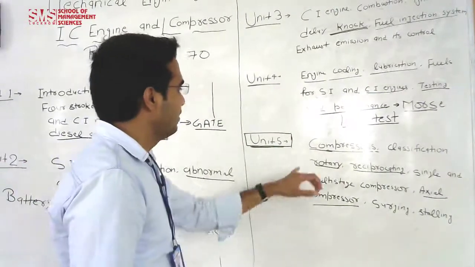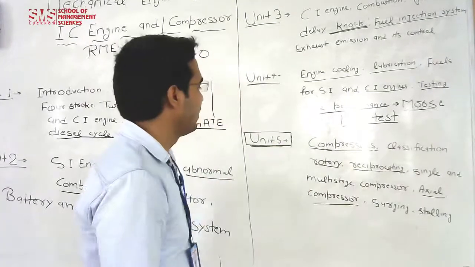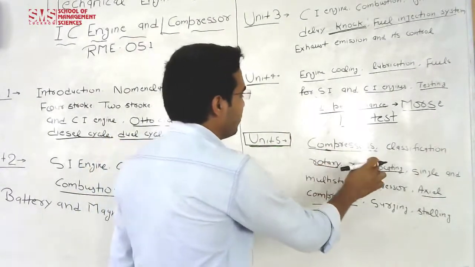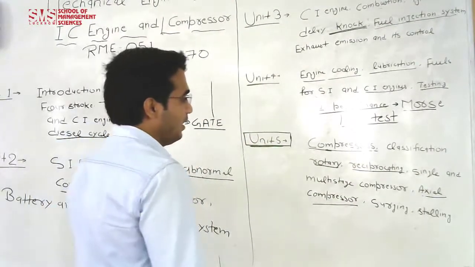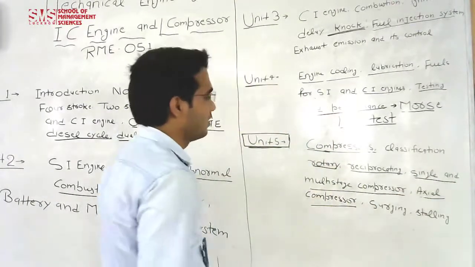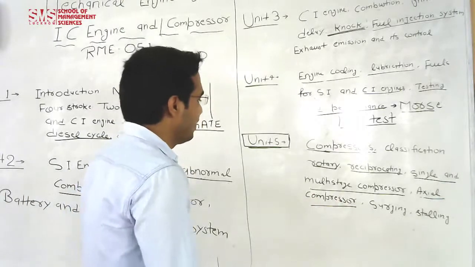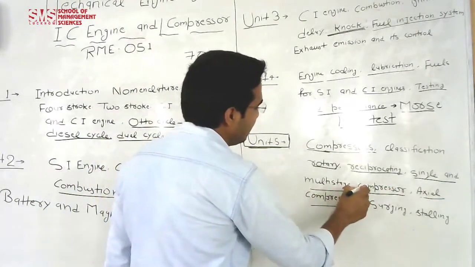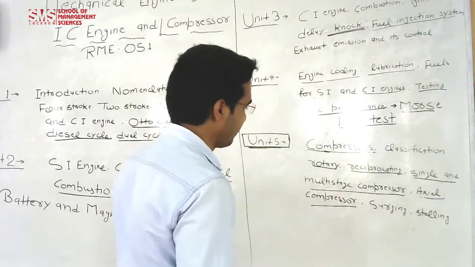So in this unit you will study the compressor, its classification, the function of a compressor, rotary compressor, reciprocating compressor, axial flow compressor, and single and multi-stage compressor. You will study multi-stage compressor, meaning compression is carried out in more than one stage.